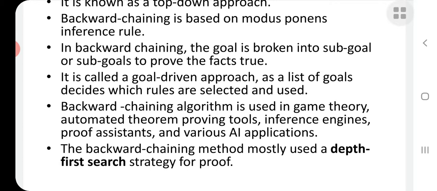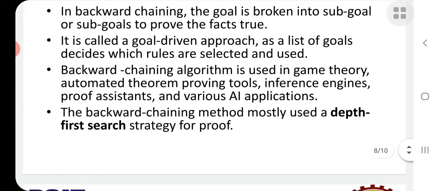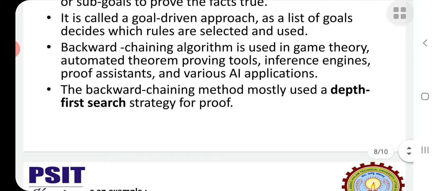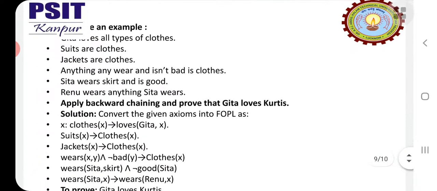It is called a goal-driven approach. The backward chaining algorithm is used in game theory, automated theorem proving tools, inference engines, and so on. This chaining method is mostly used with DFS, depth first search strategy for proof.